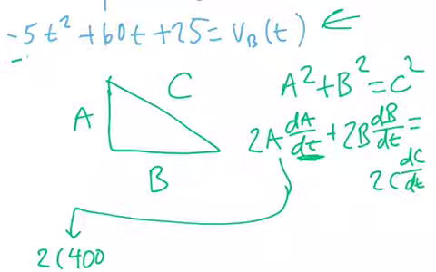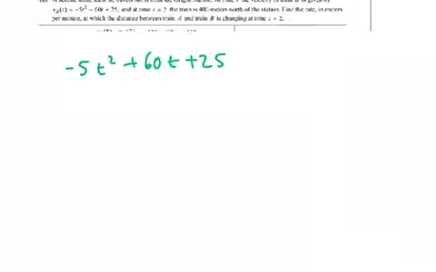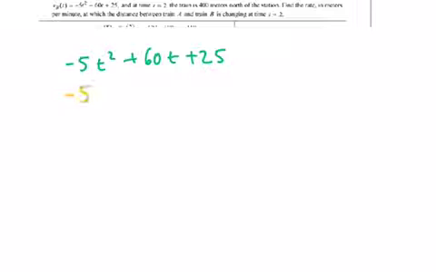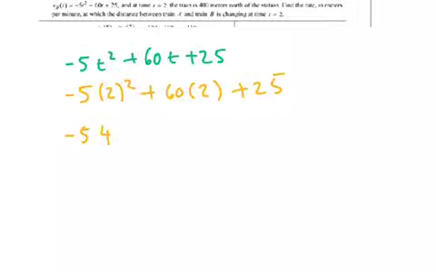Well, let's do this on a separate page here. Okay, so we'll plug in 2 here, so it goes negative 5 times 2 squared plus 60 times 2 plus 25, so this gives me negative 5 times 4. Remember, you got to do squares before you multiply.